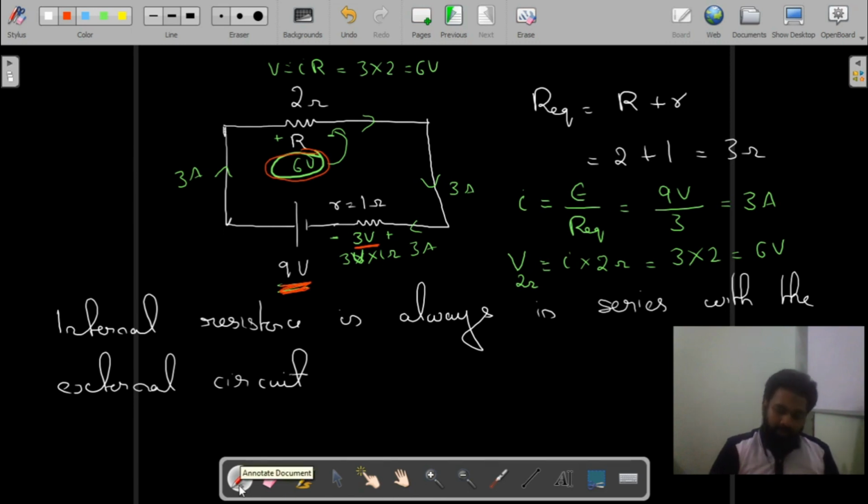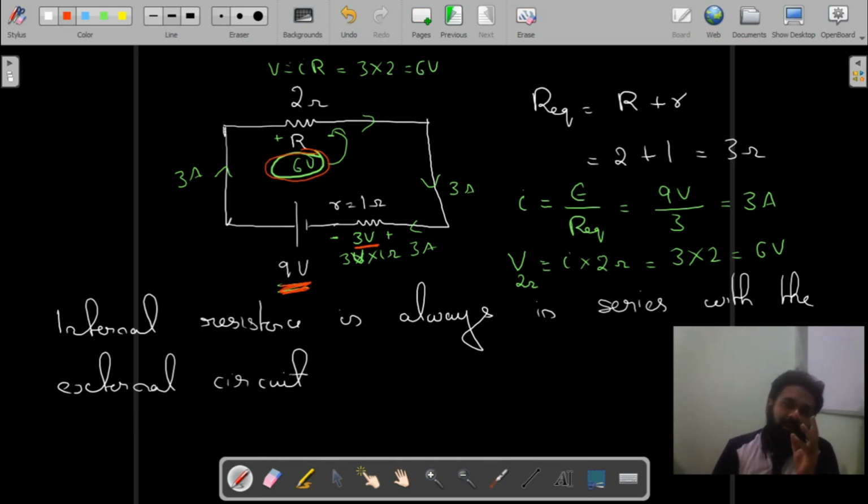Okay, fine. Now we will discuss this. See, E was the electromotive force, and 9 volt was the electromotive force. Now if we consider that 1 ohm resistance, whatever is consumed by this 1 ohm internal resistance, and this 1 ohm is just an example, it could be 0.5 ohm, 0.25 ohm, 0.1 ohm, any small value generally. The remaining voltage is distributed across the external resistance R, and that is called the terminal voltage.